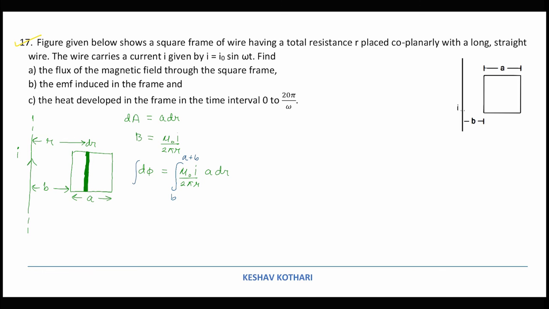So the net flux which we obtain over here, phi net, can be written as mu naught, the value of I is written as I naught sine omega t, a upon 2 pi. Now integration of 1 by r dr is equal to ln r. So we will get ln of (a plus b) by b.